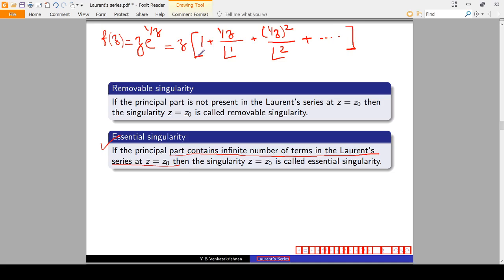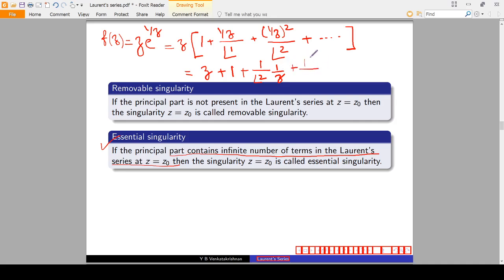Okay, this one would be better. Z, when I multiply this, I'll have z plus 1. Z into 1 by z will become 1. Factorial 1 is 1. And the next term would be 1 by factorial 2 into 1 by z, because when I multiply z with 1 by z squared, I will have 1 by z.